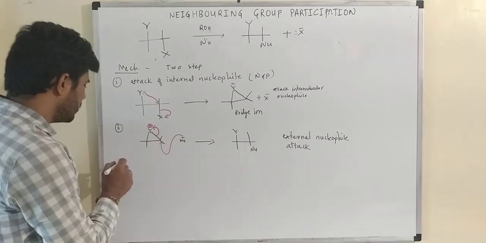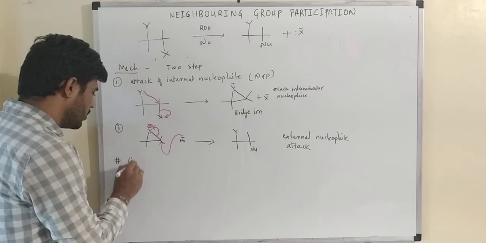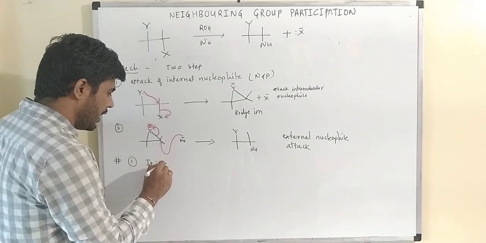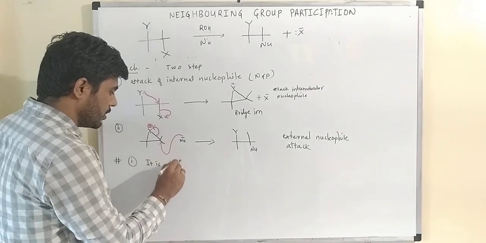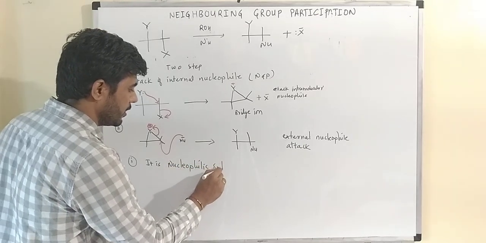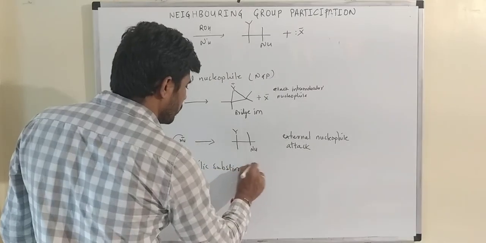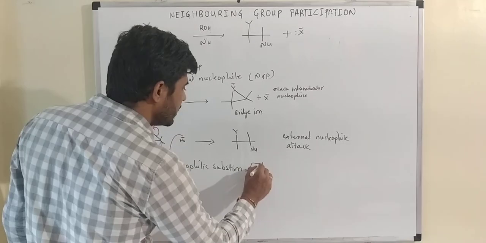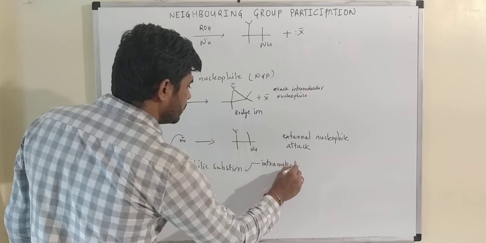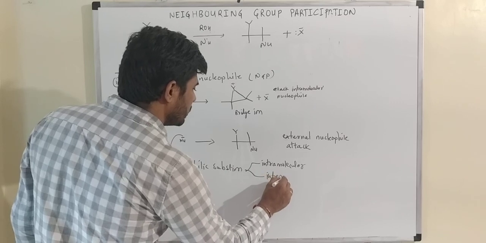From this we learn a few important things that we can note down. The first one is that NGP is a nucleophilic substitution reaction. It has two types of nucleophilic substitution: the first one is intramolecular, and the second one is intermolecular substitution.